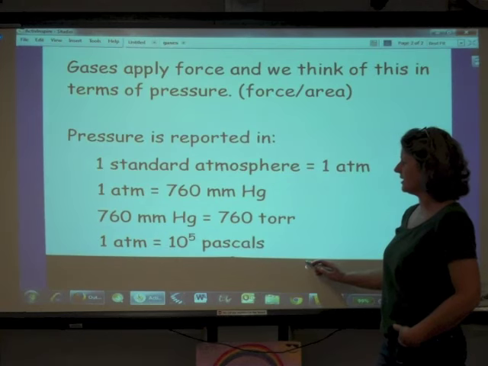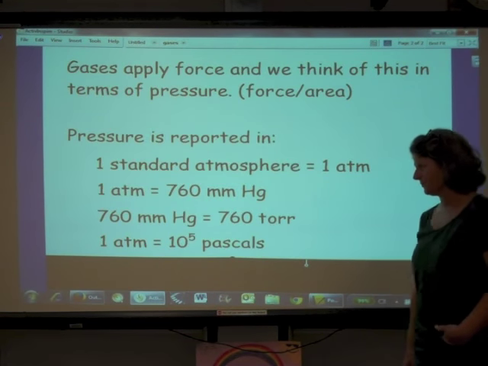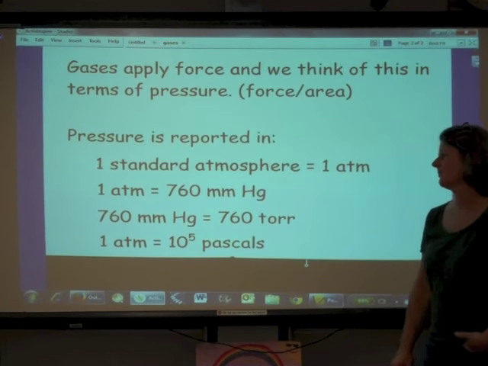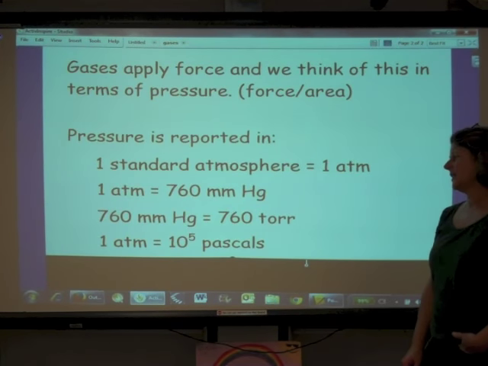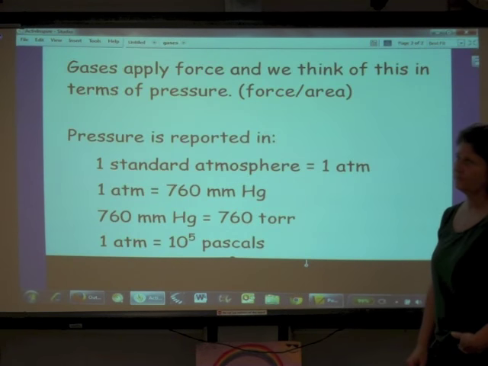You might also see pressure reported in pascals. 1 ATM is equal to 10 to the 5th pascals. Now we get to go back to physics. What's a pascal?